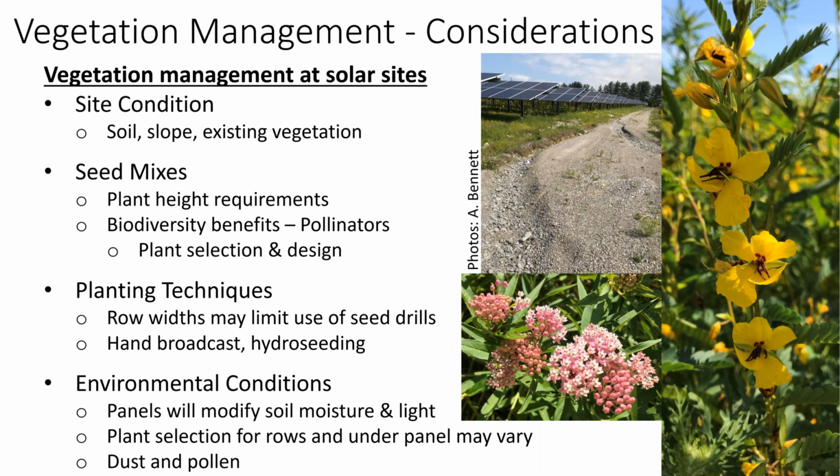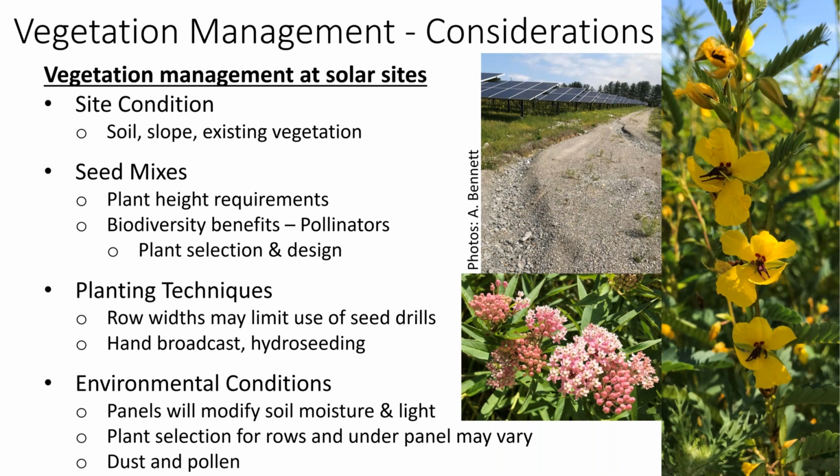And then, where do you actually want to put that pollinator habitat within the site? Do you want to use it between the panel rows? Maybe around the perimeter on the inside, or incorporate it into a hedgerow where you get some screening, maybe some wind blocks, but also get some biodiversity benefits.